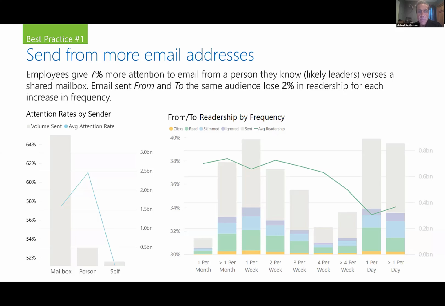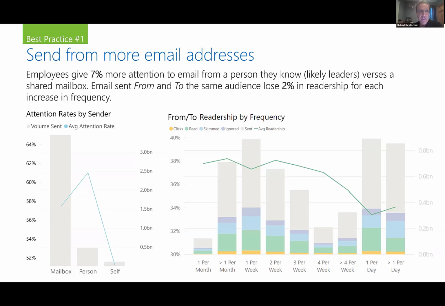But essentially, what happens is people will pay about 7% more attention to a person that they know who doesn't happen to be the sender. And usually those would be leaders, right? So that makes sense. They're going to pay attention to those. But the key thing there is they're more apt to pay attention to messages from a person than a shared mailbox, provided they know who that person is.